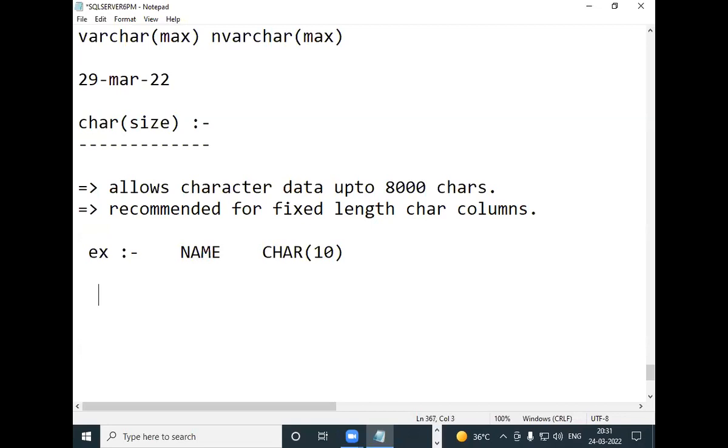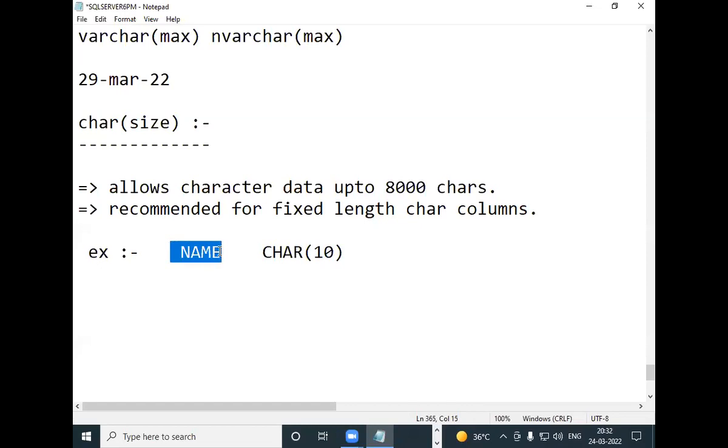What is this 10? 10 is the size. This size 10 means the number of characters allowed into name.